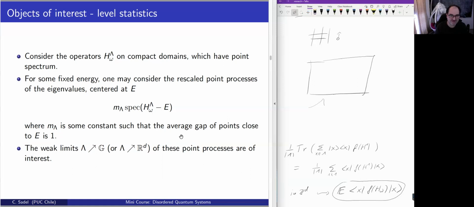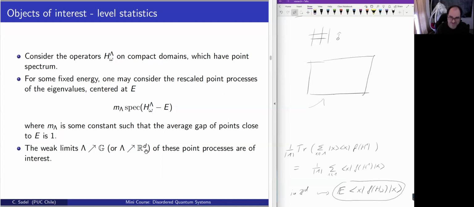Okay, and then you have this type of point process of discrete points, and you look if this has weak limits when you converge with your box to the whole graph G or to the whole R^d. These point processes are also of interest because they tell you something more closely, in a small regime, about how eigenvalues look.